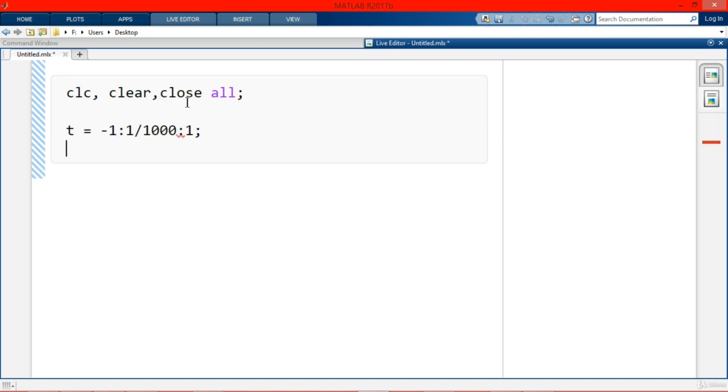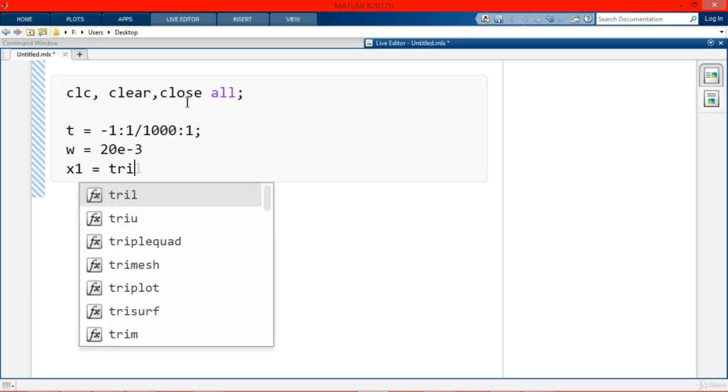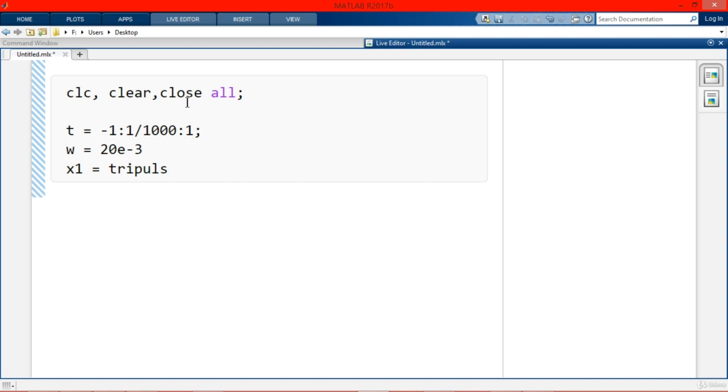And here we'll take frequency, or omega, equals 20 exponent minus 3. Now take variable x1 equals the built-in function for the triangular pulse named tripuls, with t comma omega.